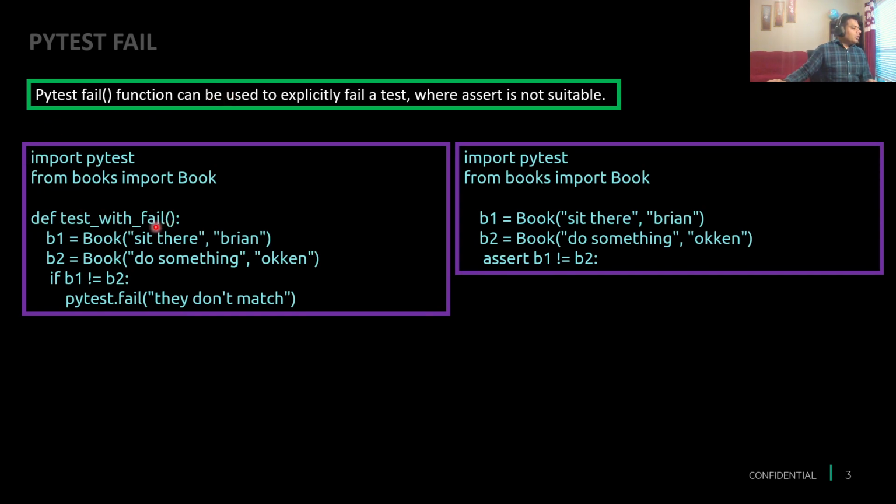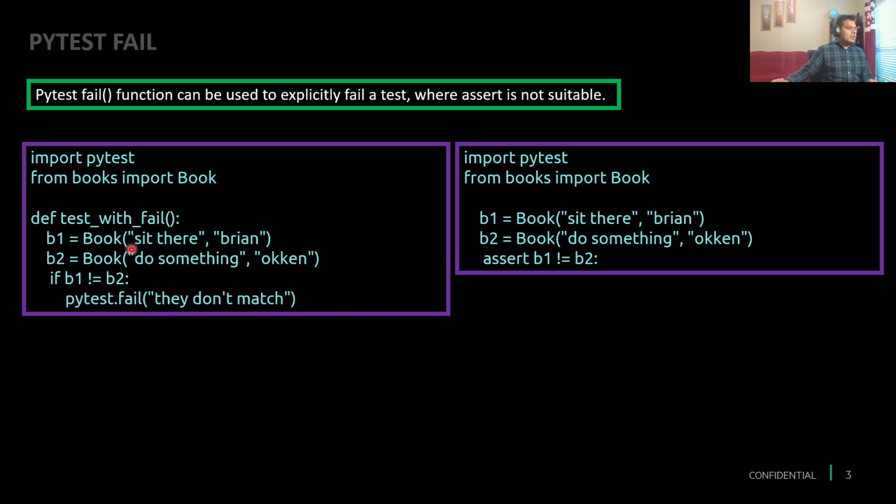In this particular test, we want to fail the test on this particular condition, so we don't have to explicitly call the assert. For any kind of condition verification where we want to fail our test, we can simply call pytest.fail and fail the test case. The only thing is we have to set our own condition and then call the fail.